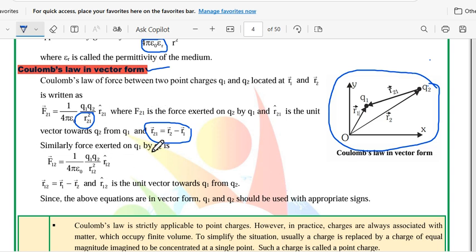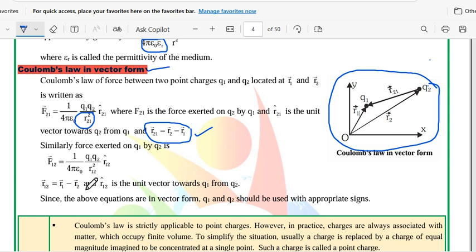Similarly, the force exerted on Q1 by Q2 is opposite to that force. That is F12 bar is equal to 1 divided by 4 pi epsilon naught, Q1 into Q2 divided by R12 square, R12 cap. R12 is the same here, but in the opposite direction, because the force is exerted on Q1 by Q2.